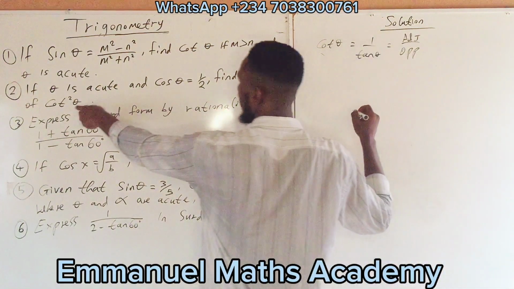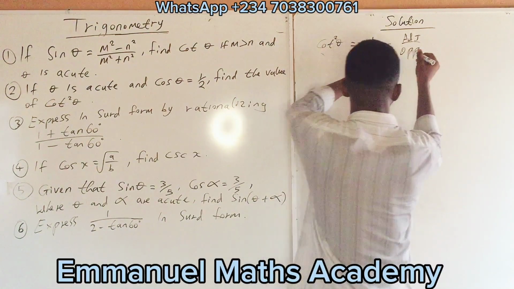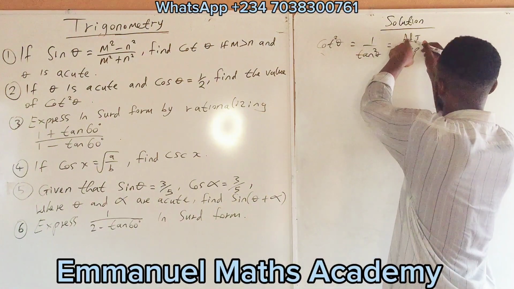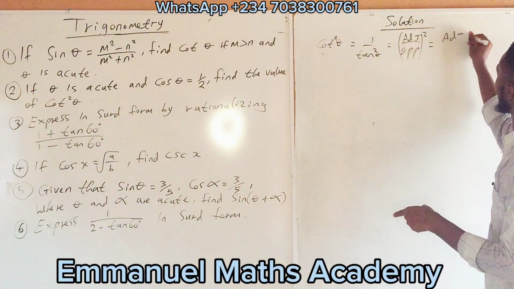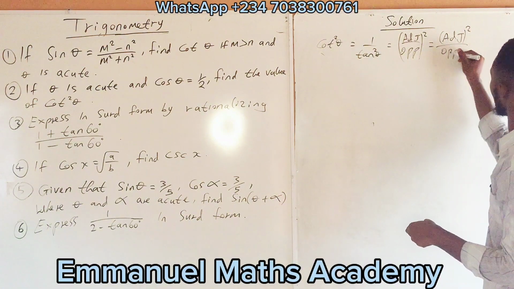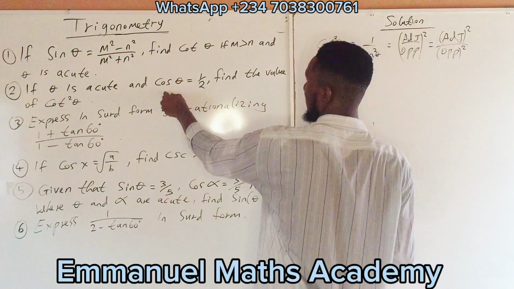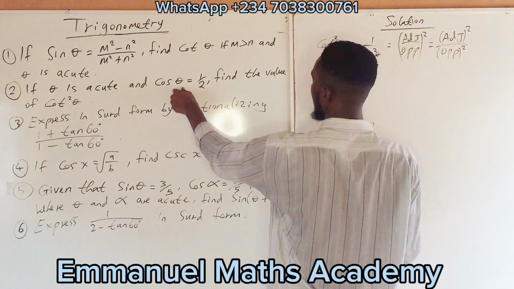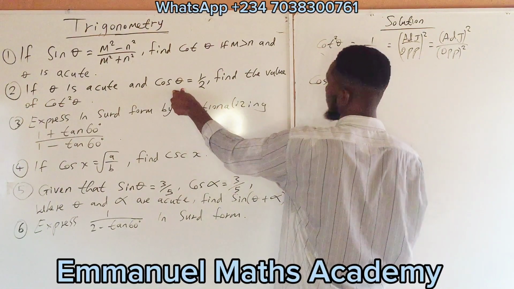But we are having square. That means we have square here, all power 2, equal to adjacent square over opposite square, right? But from the information given, our cos theta is equal to 1 over 2, right?